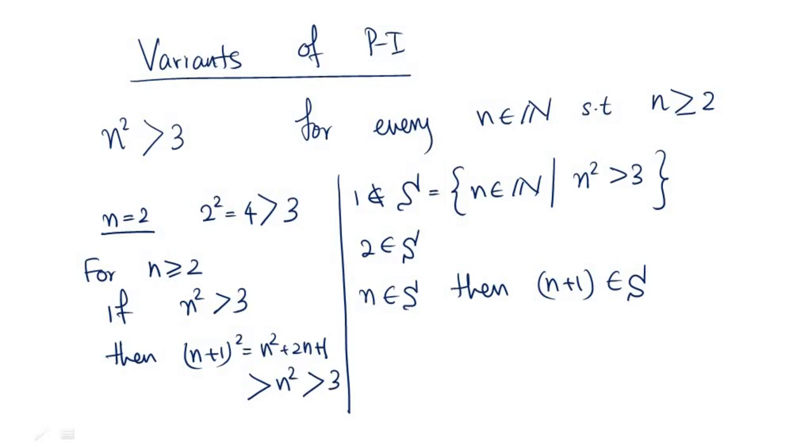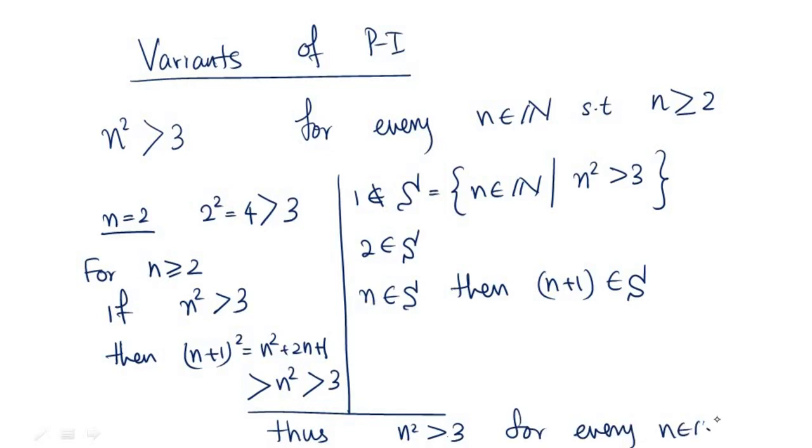Now, from this, what do we establish? We can establish the fact that this is true for every integer greater than or equal to 2. Thus, we have n squared is greater than 3 for every n in the natural numbers with the property that n is greater than or equal to 2.